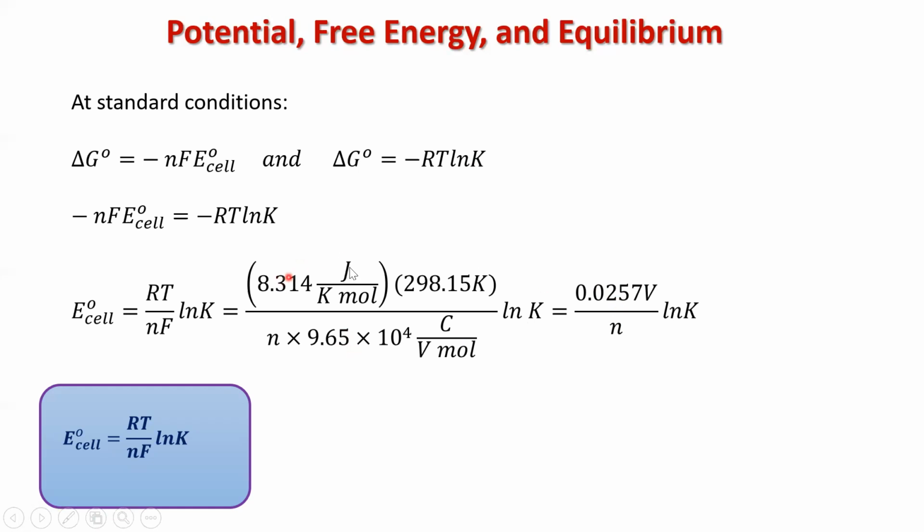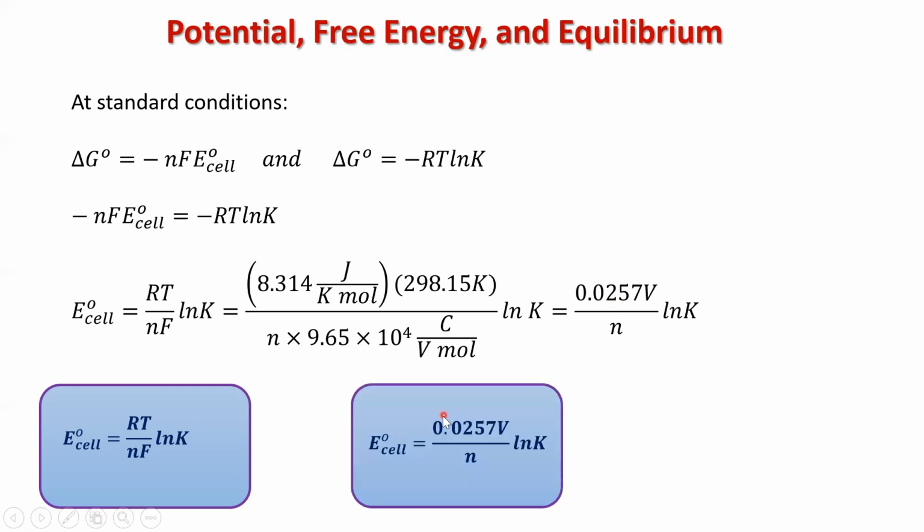It's just taking the three constants and putting them together in one constant. So we can summarize this by saying that the voltage across a cell equals 0.0257 divided by N, that's the number of moles of electrons, times ln of K.